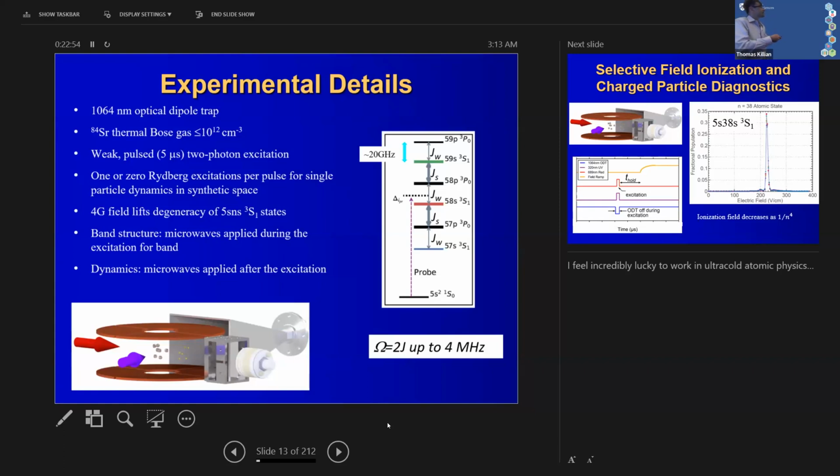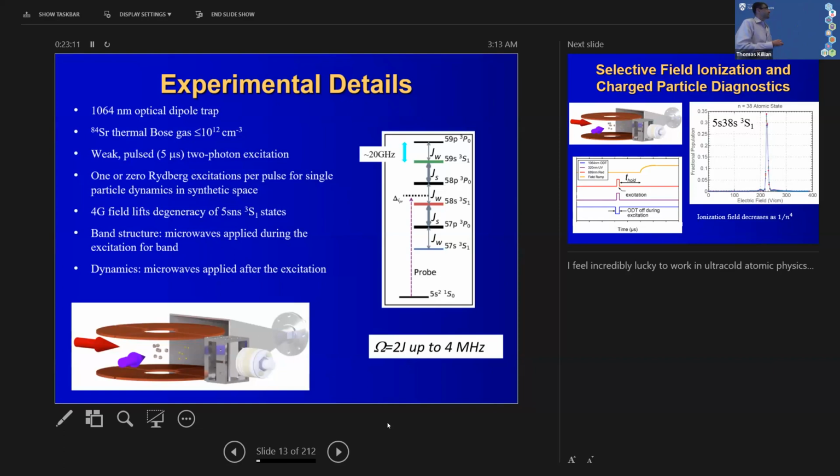For band structure, we'll apply the microwaves, the millimeter waves, so that whatever the lattice of the synthetic dimension is, is there. And then we do optical excitation through 2 photon excitation from the ground state into the synthetic manifold. I'll say a little bit more about how that works.